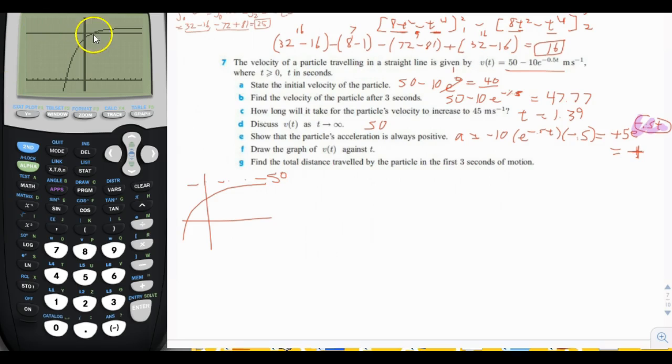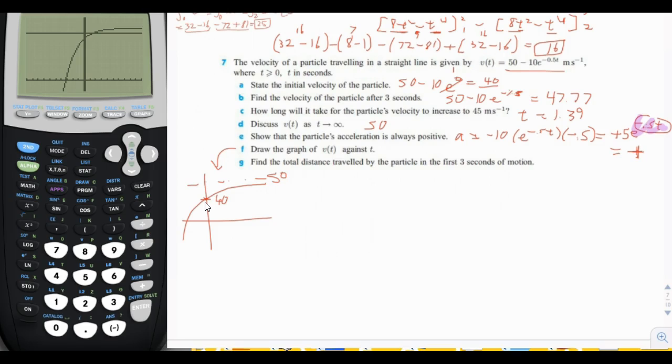This line here, remember, is 45, and so the asymptote is 50. So that was F. And maybe we could even put in this point here. It's 40, right? The velocity at t equals 0 is 40. Okay, so that's F.